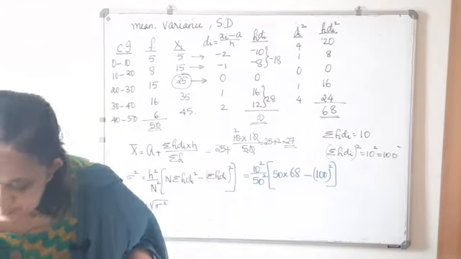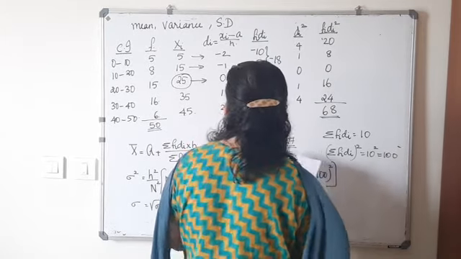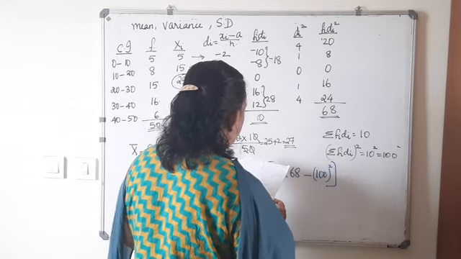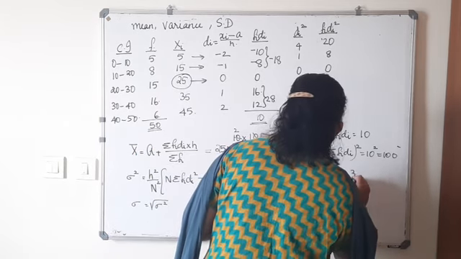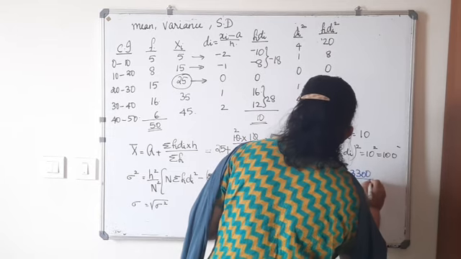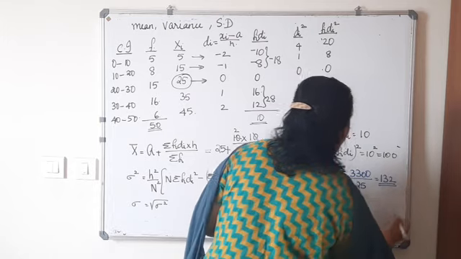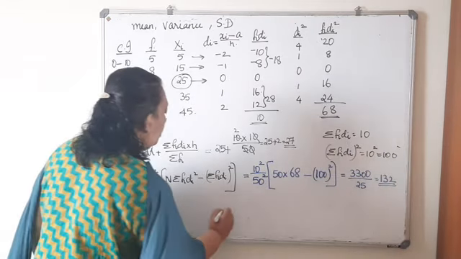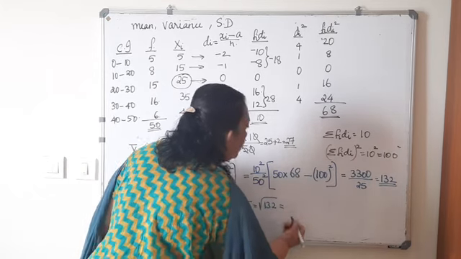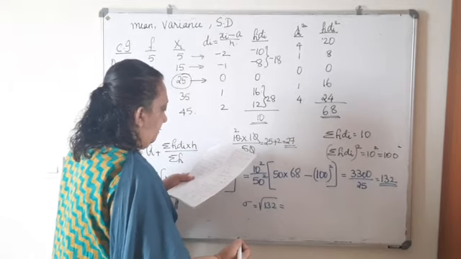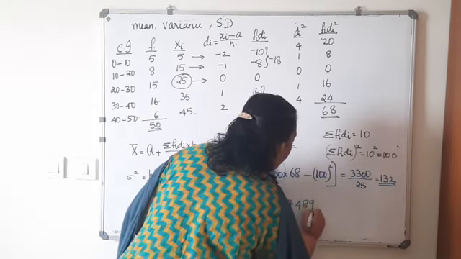So when you calculate, it becomes 3300 divided by 25 is equal to 132. And so sigma is equal to square root of 132, which is 11.489.